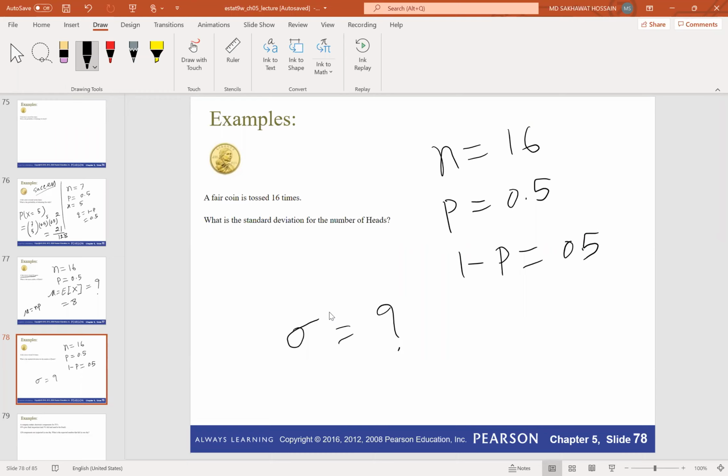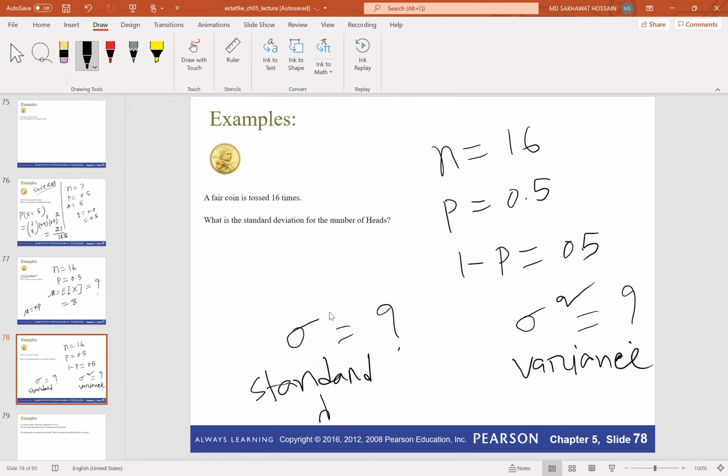Also find the variance. What is the value of sigma squared and sigma? So this is variance, and this is standard deviation. Find it and let me know.